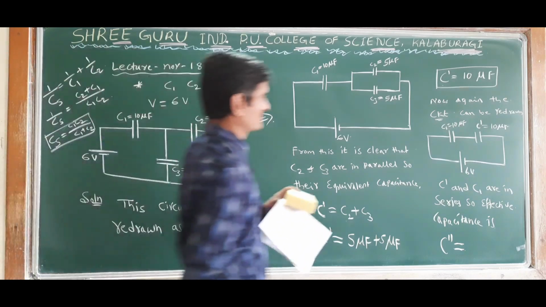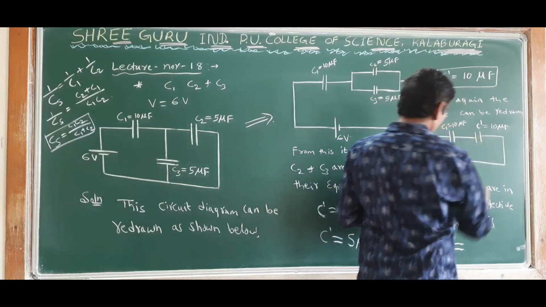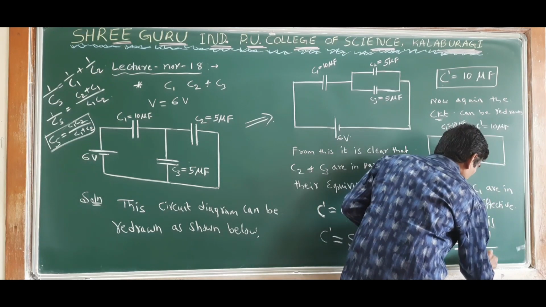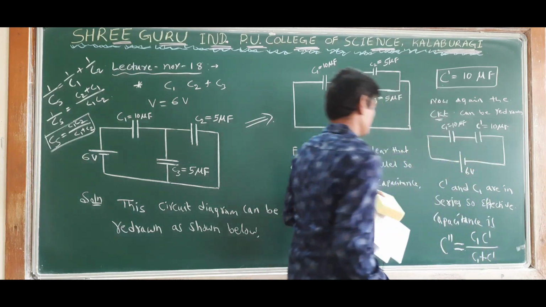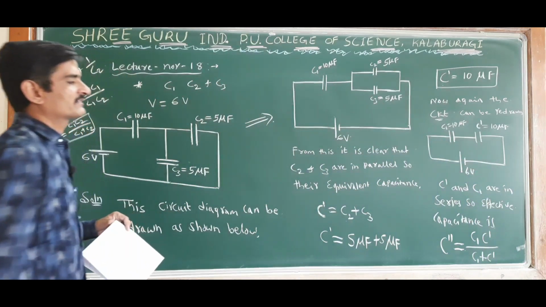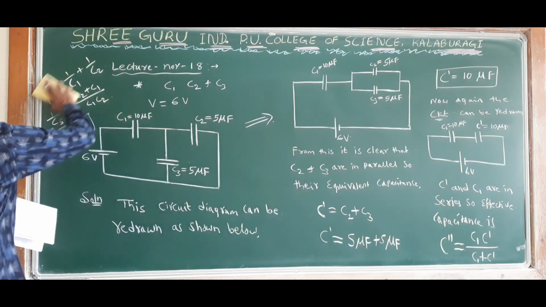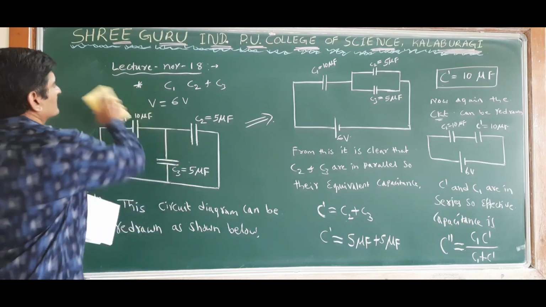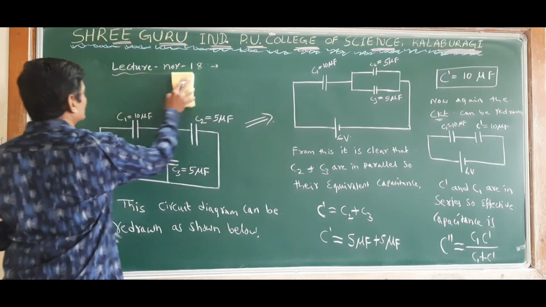So C double dash is equal to C1 into C dash divided by C1 plus C dash. Understood? Because they are in series. Okay, I'll remove this one.